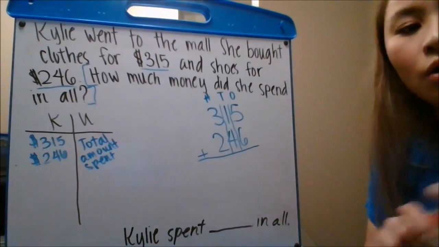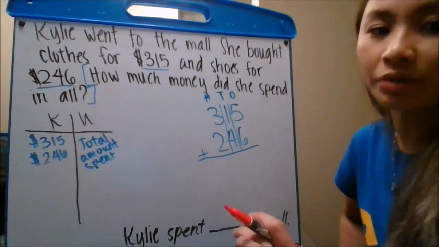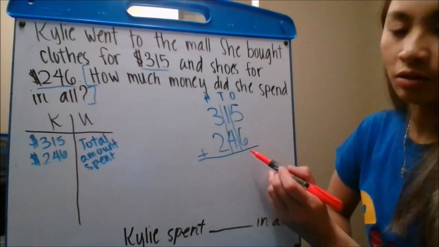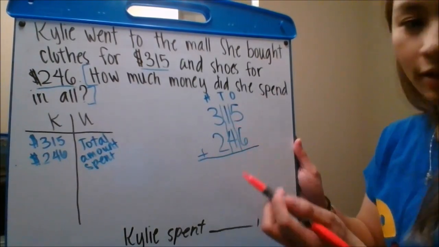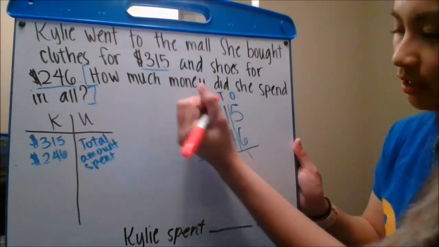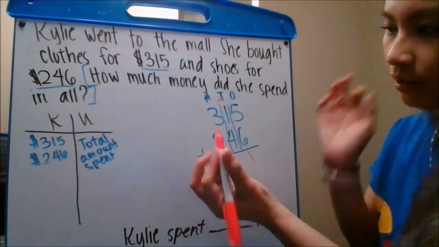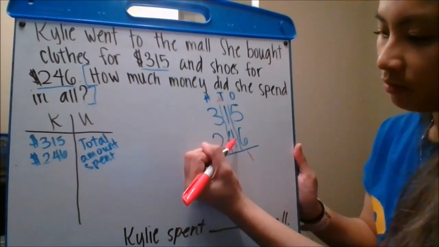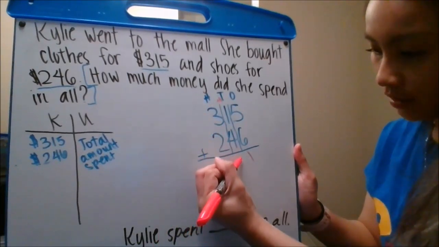Now, when we are adding two-digit or even three-digit numbers, we always start in the ones place. So 5 plus 6 is 11. So I know we're going to put the 1 here and then carry the 1 to the tens place. Now, 4 plus 1 is 5, plus another 1 is 6.